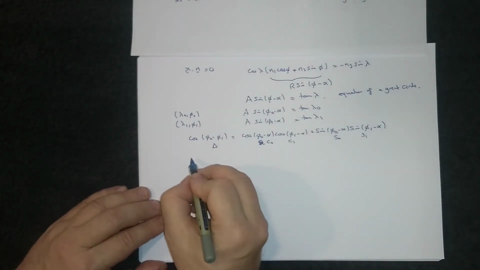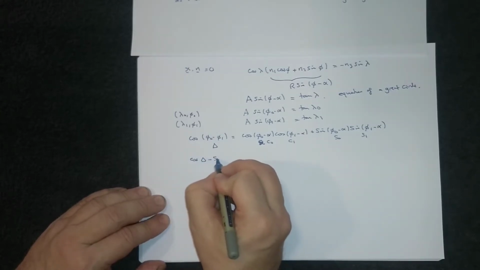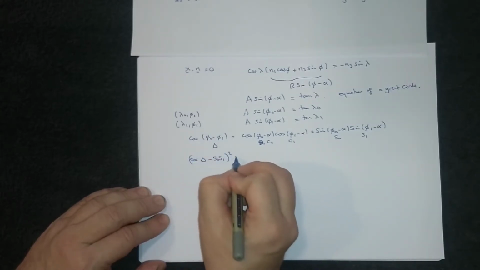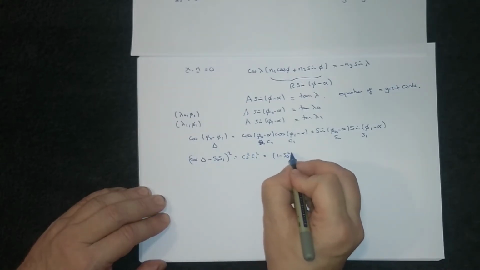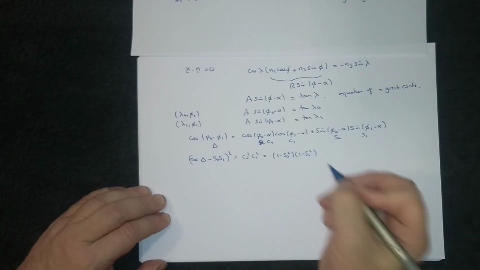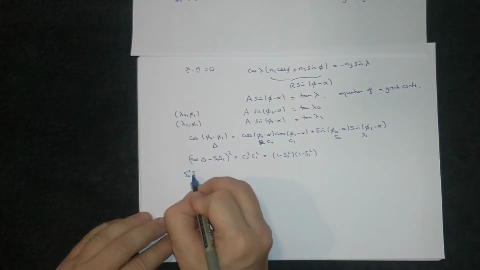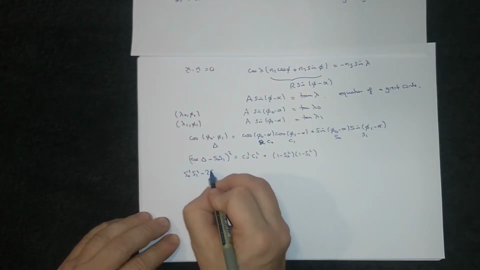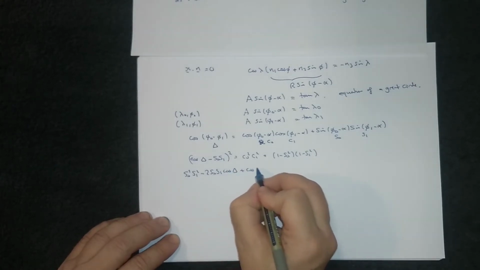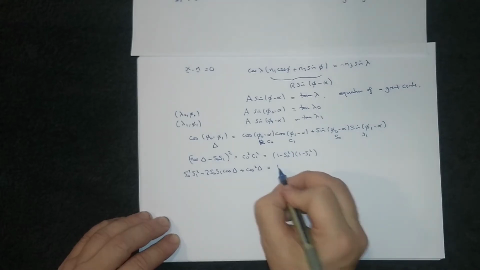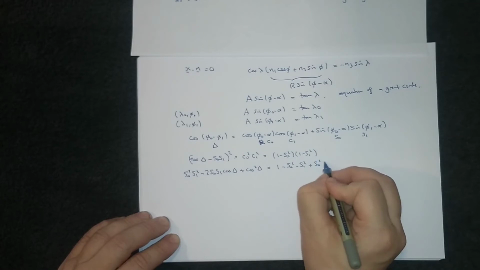So this tells me that cos delta minus S0 S1 all squared is C0 squared C1 squared is 1 minus S0 squared 1 minus S1 squared, because cos squared plus sine squared is 1. So here we get S0 squared S1 squared minus 2 S0 S1 cos delta plus cos squared delta is 1 minus S0 squared minus S1 squared plus S0 squared S1 squared.